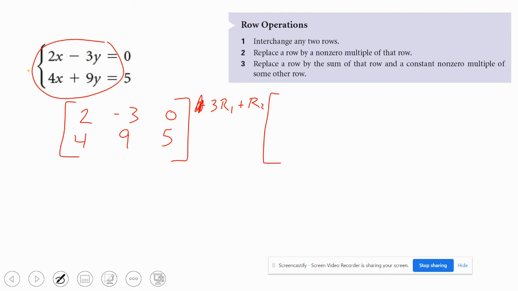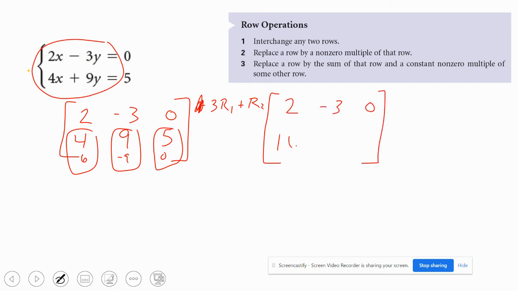So if I multiply the top by 3, I can just write little numbers right here. 6, -9, 0. So I'm adding these together. So I rewrite my first, and I add those. So 10, 0, 5. If I divide everything in the second one by 10, I get 1, 0, 1/2. So I just solved for x.